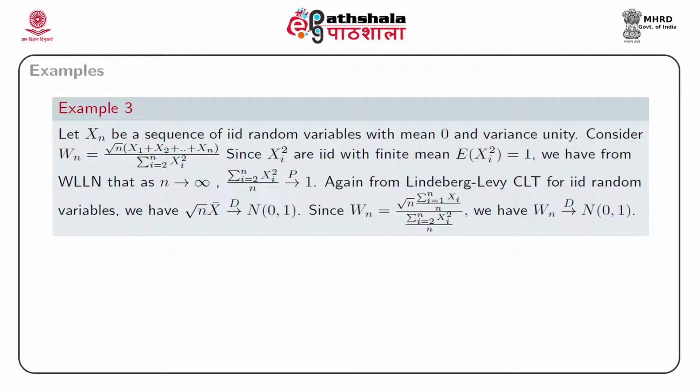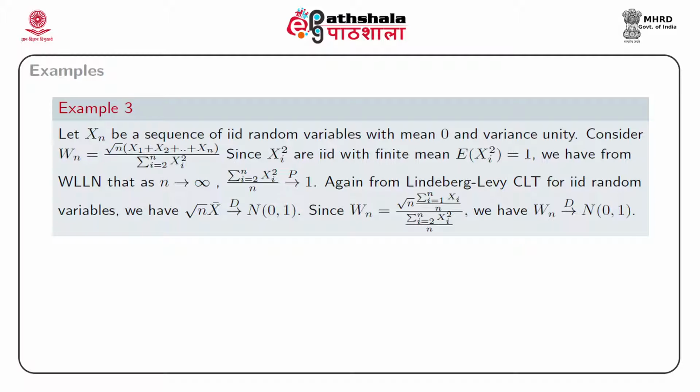Again, from Lindeberg-Levy CLT for IID random variables, we at once have square root of n multiplied by x bar converging in distribution to normal 0, 1. Therefore, we can write the whole thing as square root of n summation xi by n, whole thing divided by summation i from 2 to n xi square divided by n.